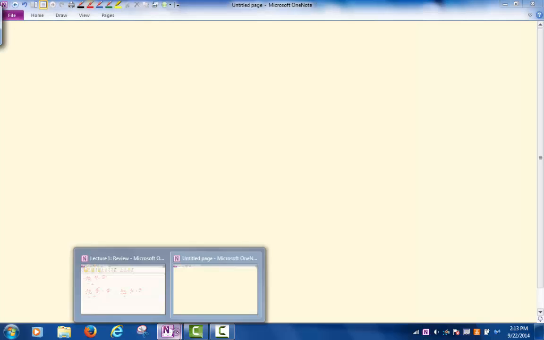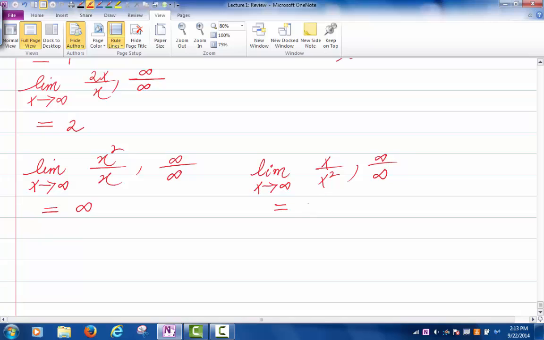X divided by x squared is the same as 1 over x, and 1 over x goes to 0 as x goes to infinity. So this would be 0. And what's happening here? The denominator is now growing much faster than the numerator.